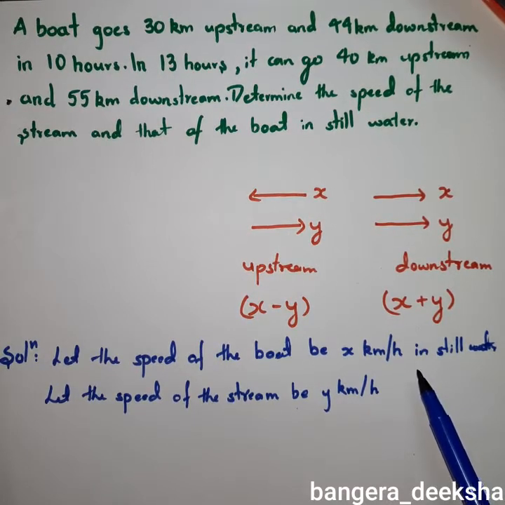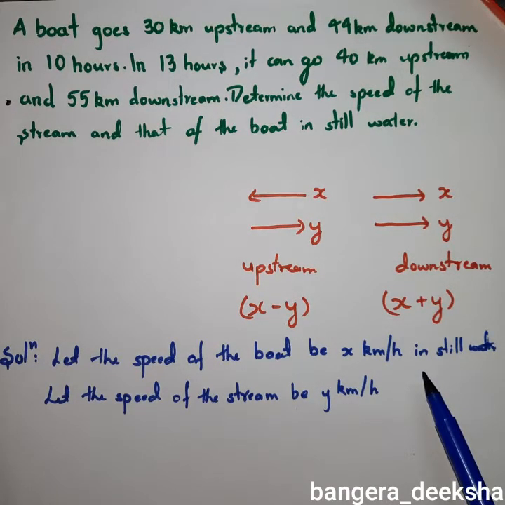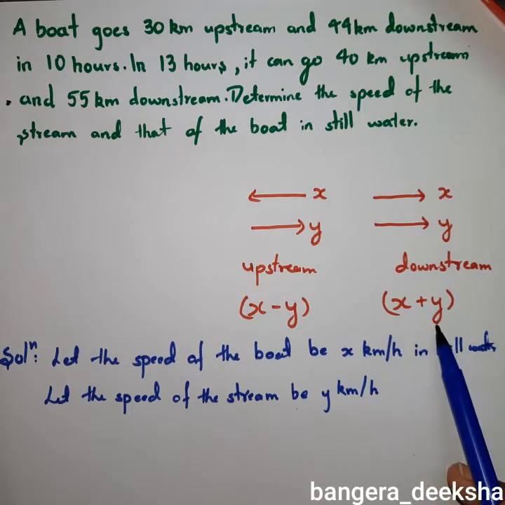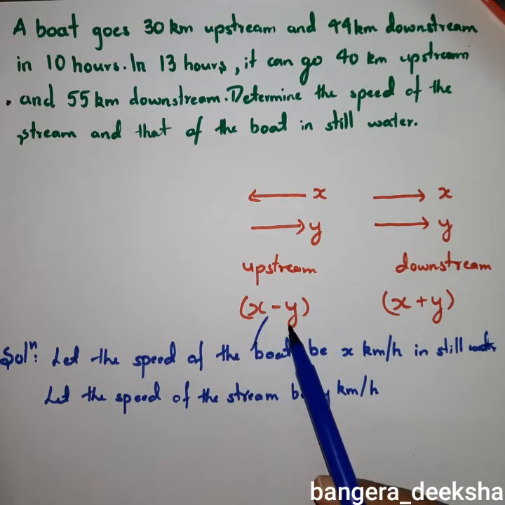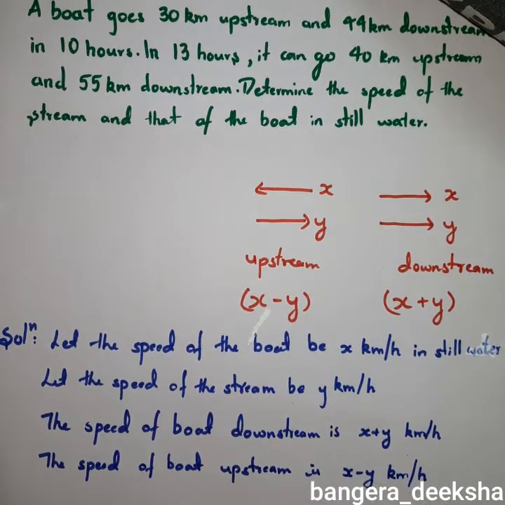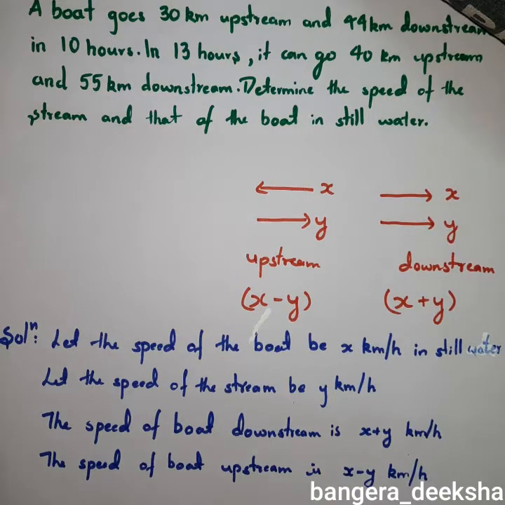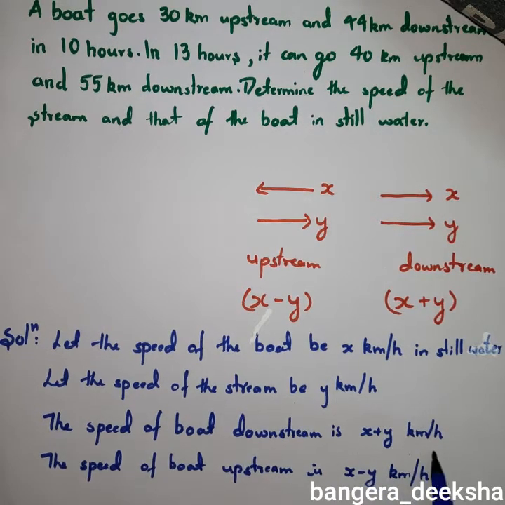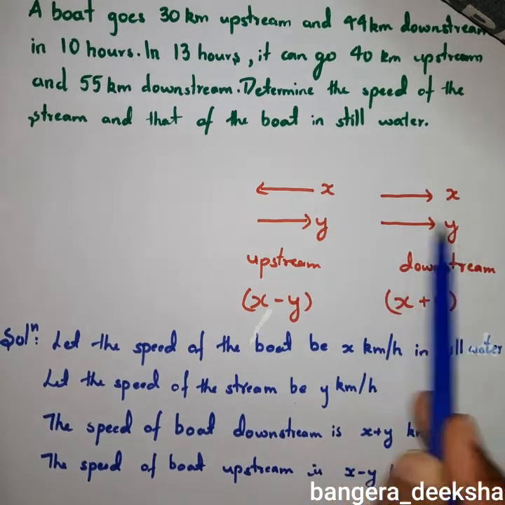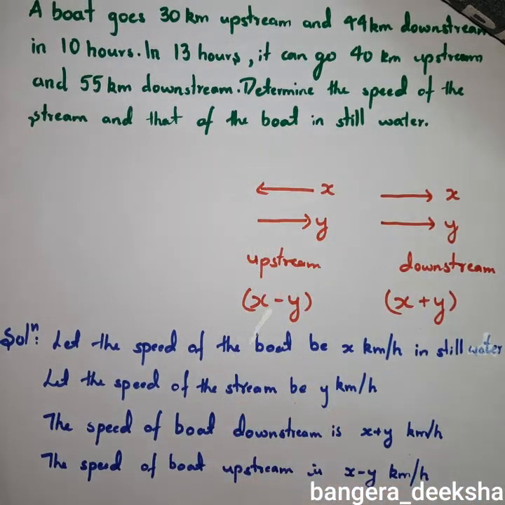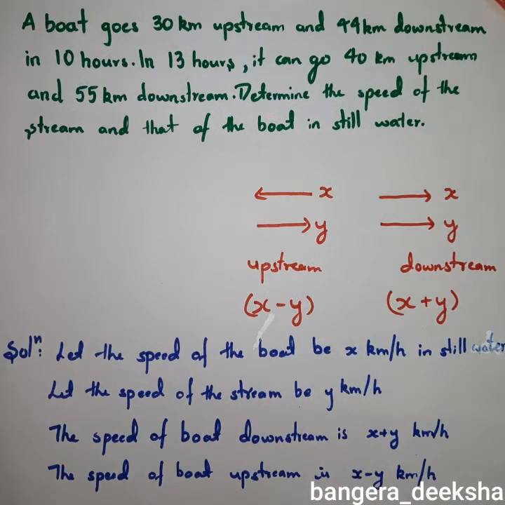Now we can write the speed of the boat downstream as x plus y kilometer per hour and upstream as x minus y kilometer per hour. That's according to these concepts. So with this we'll solve the problem.